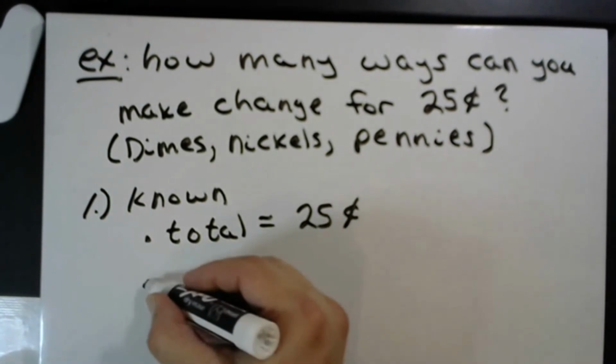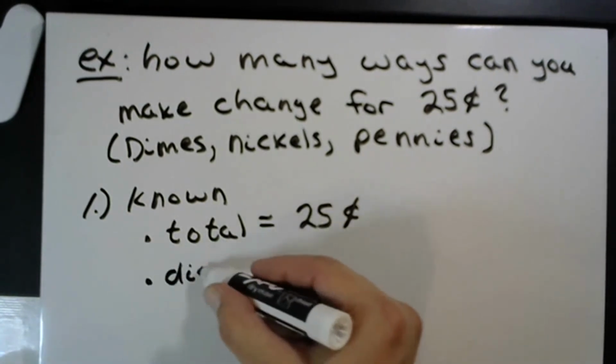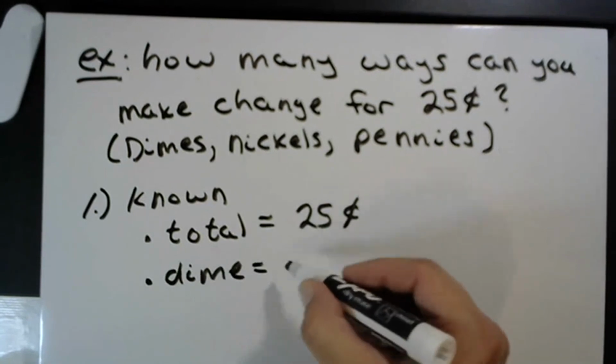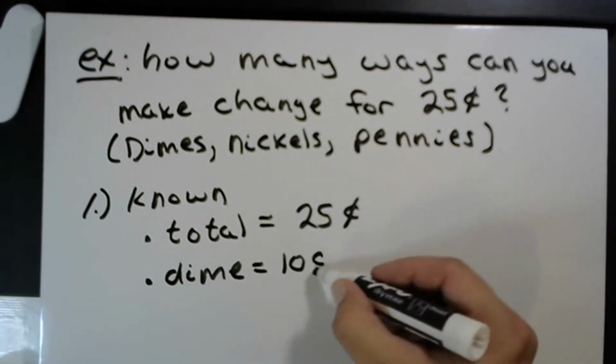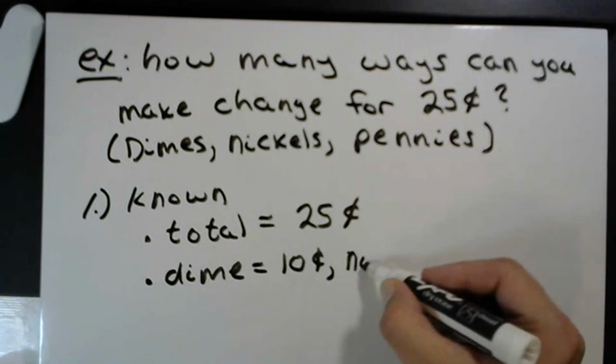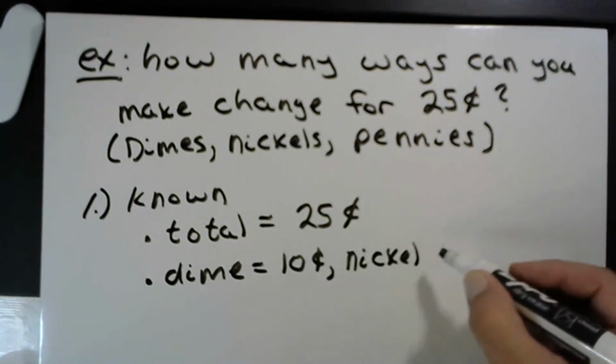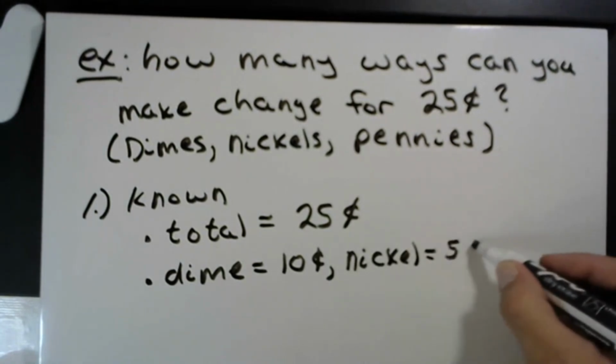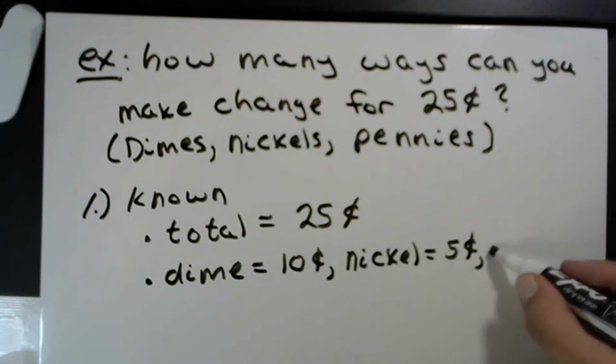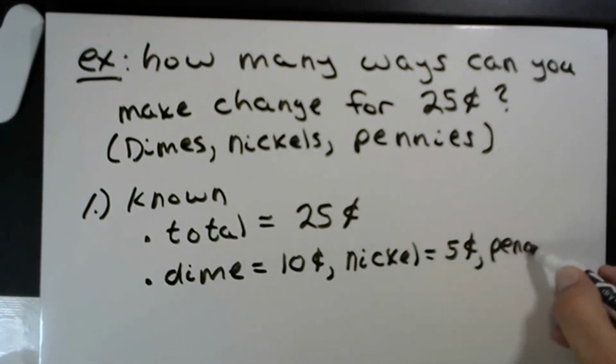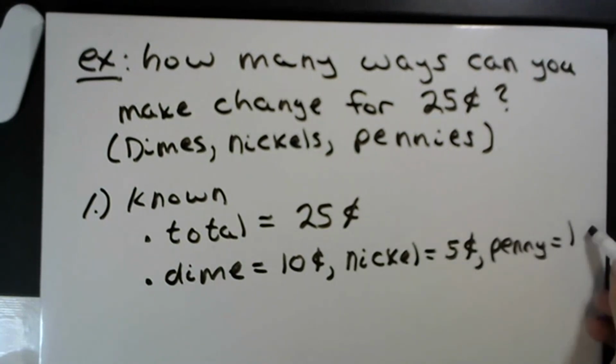And we know the value of each coin. A dime is 10 cents. A nickel is 5 cents. And a penny is 1 cent.